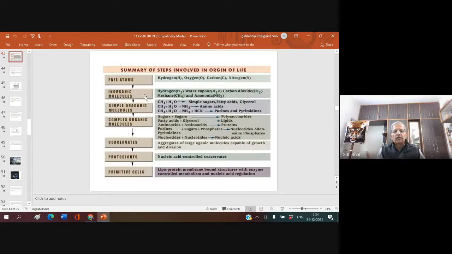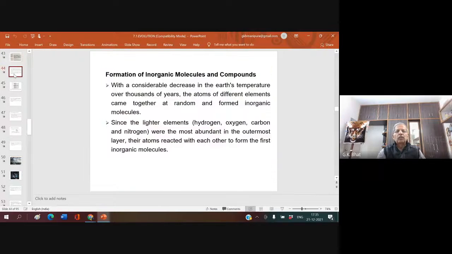This happened only when the Earth started cooling. These inorganic molecules, hydrogen, water vapor, carbon dioxide, methane, ammonia, etc., gradually gave rise to simple organic molecules, which resulted in complex organic molecules. And complex organic molecules came together, and I was telling about that.